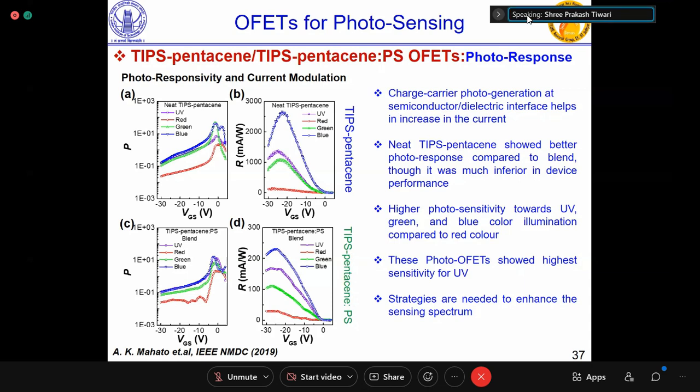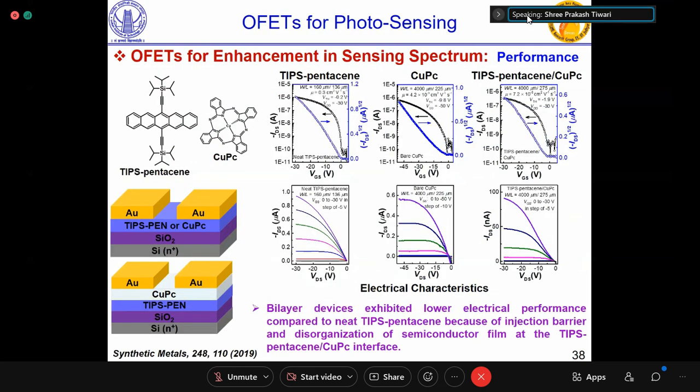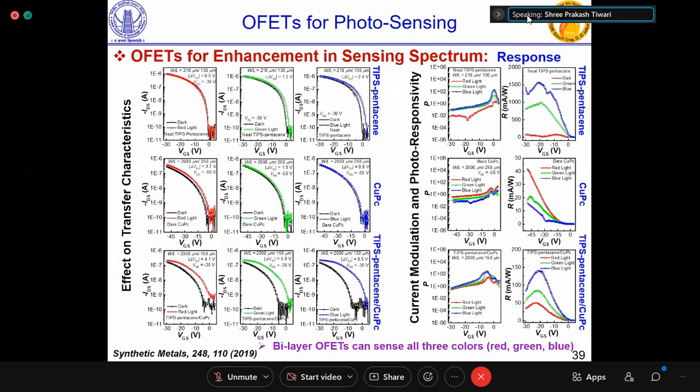Why not red color? If you want to sense the red color, can you do something? So in that case, other materials were tried with this TIPS pentacene. One existing material, though it is not solution processed, was CuPC, which was tried with TIPS pentacene. And what was found is that by adding these materials, OFETs could sense all colors.